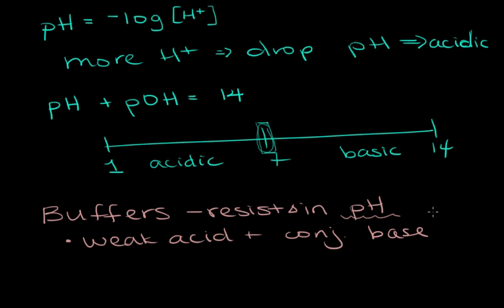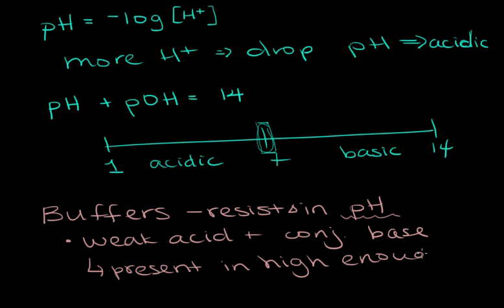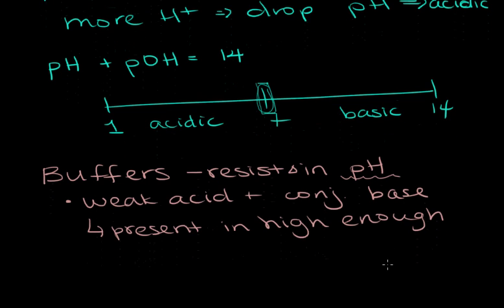So another important concept when you're thinking about buffers is that these weak acids and weak bases have to be present in considerable concentration, high enough concentration, in order to prevent changes of pH based on substrates and products of the reaction.